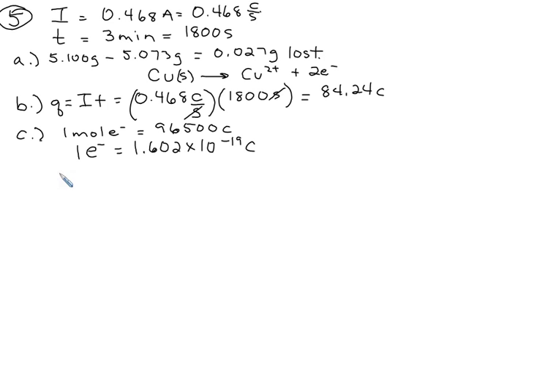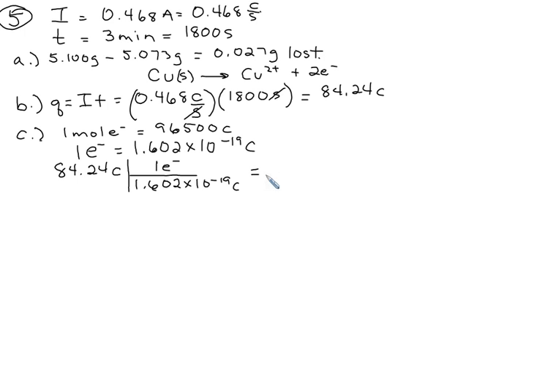So we're going to use this number in this step. So we're going to start with our number of coulombs. It was 84.24 coulombs. And we're going to convert that into how many electrons. And so we know there are 1.602 times 10 to the negative 19 coulombs for every 1 electron.